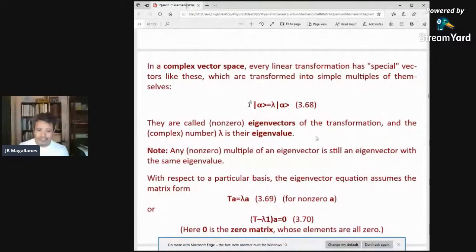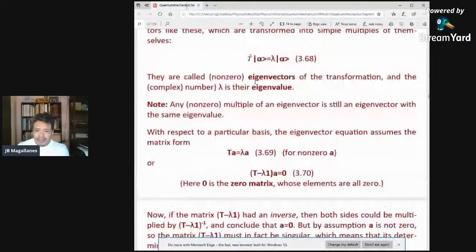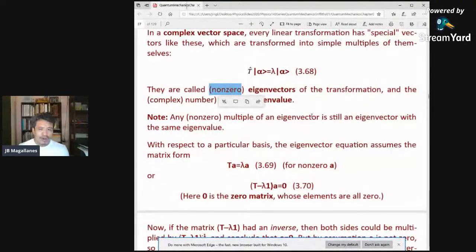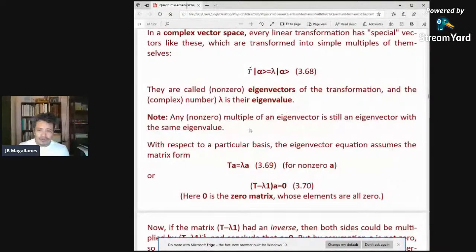So anyway, let's look at this. Eigenvectors are non-zero, meaning that the components of the eigenvectors are not all 0. Any non-zero multiple of an eigenvector is an eigenvector with the same eigenvalue. So in this equation, you have lambda as an eigenvalue, and a as an eigenvector.